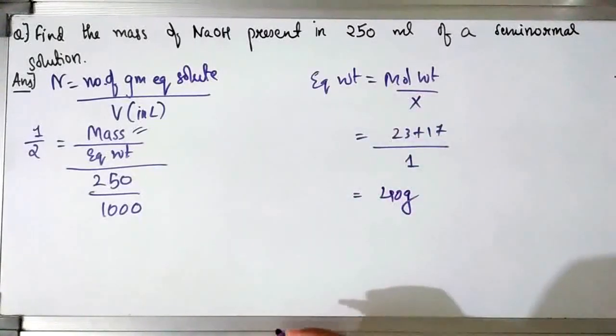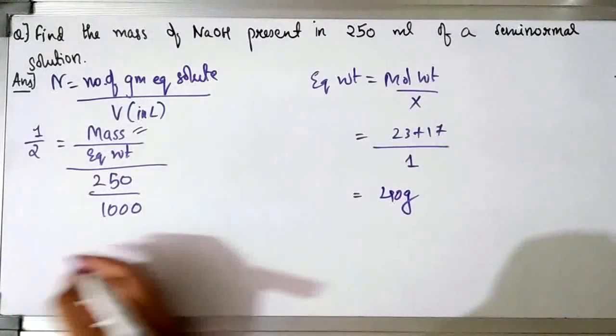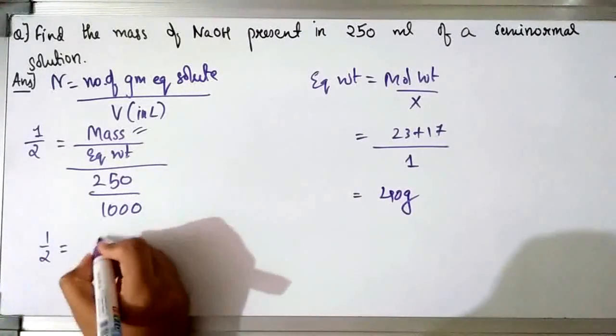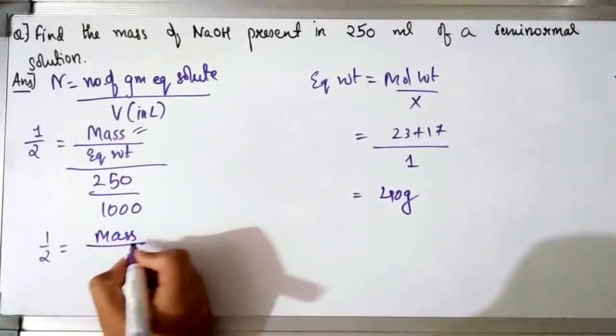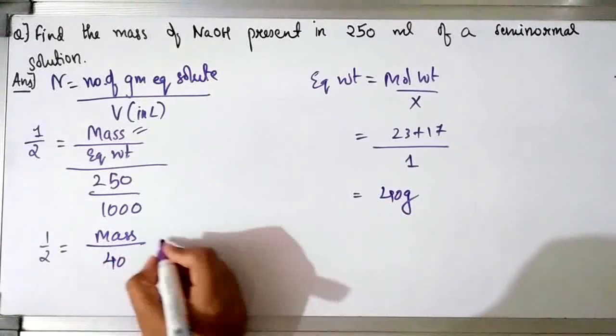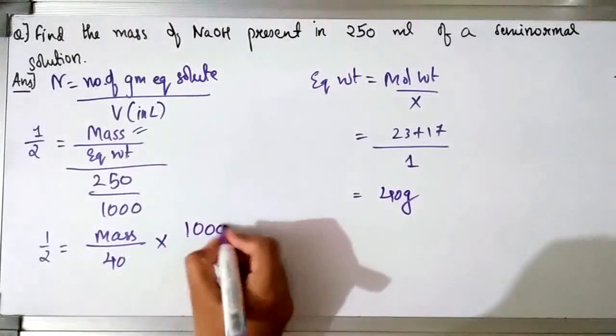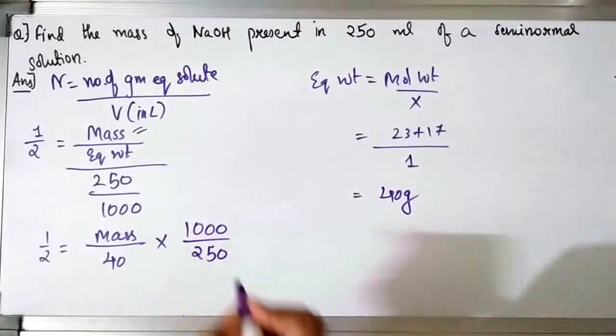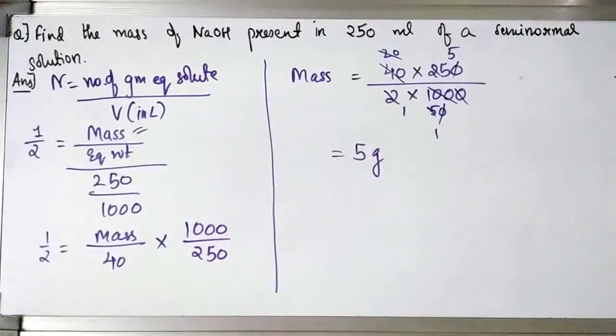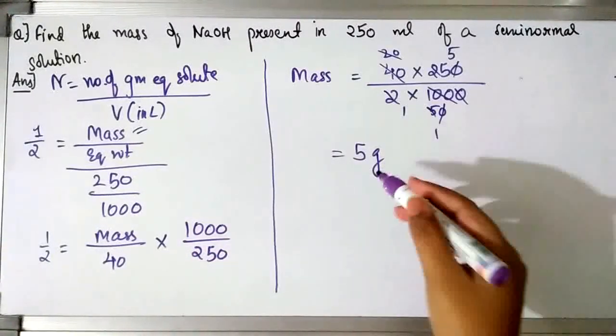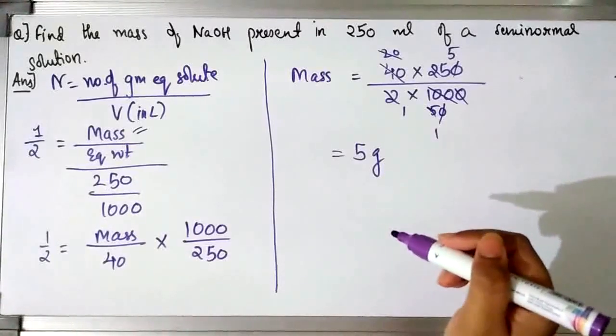So the equivalent weight is equal to 40 grams. In place of mass, we can write the equivalent weight, 40 grams into 1000 by 250. When you solve it, you get the mass to be equal to 5 grams.